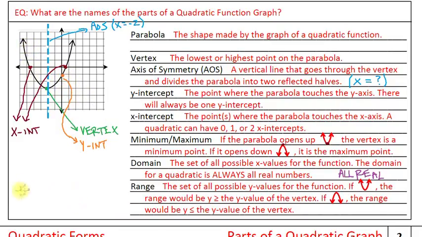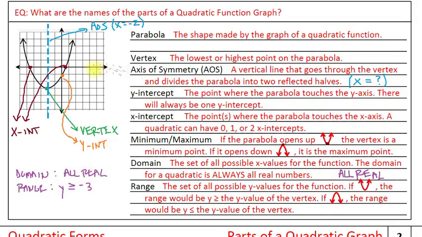So our range is going to be y is greater than or equal to the y value of our vertex, which is -3, so y is greater than or equal to -3. In fact, let's go ahead and write our domain as well, since we know it's always going to be all real.